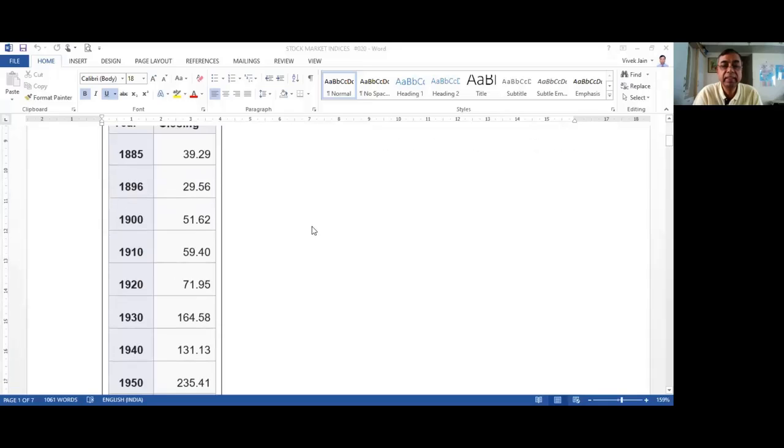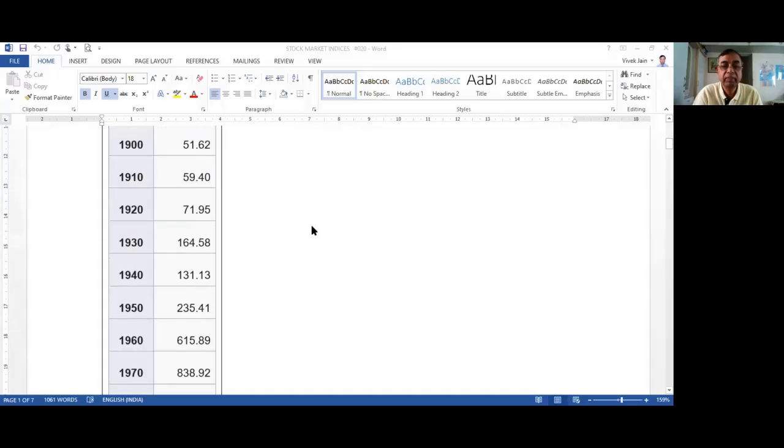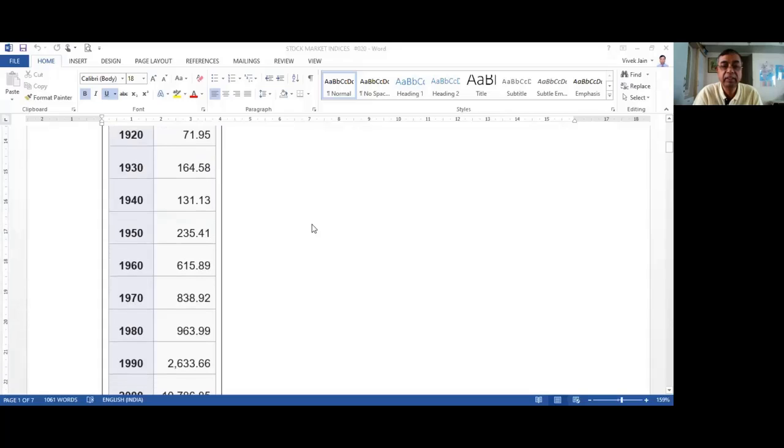After 1896, in 1900, at the turn of the century, it was 51.62. Thereafter, I've shown the values every 10 years as it is rising gradually, which you can see on your screen.